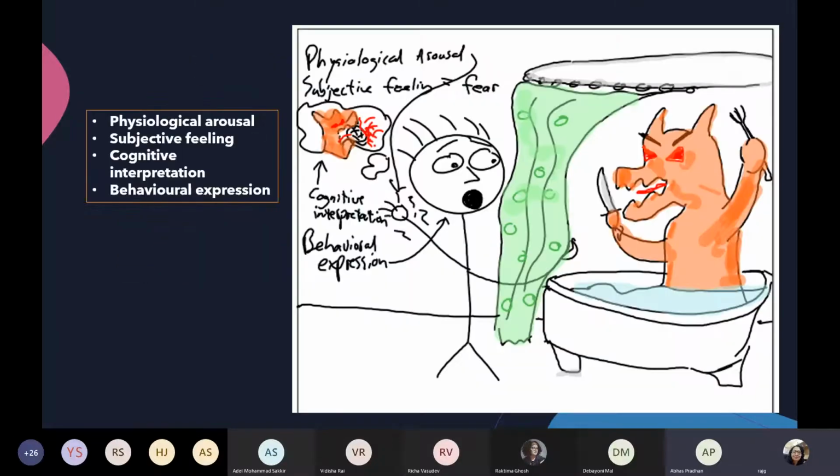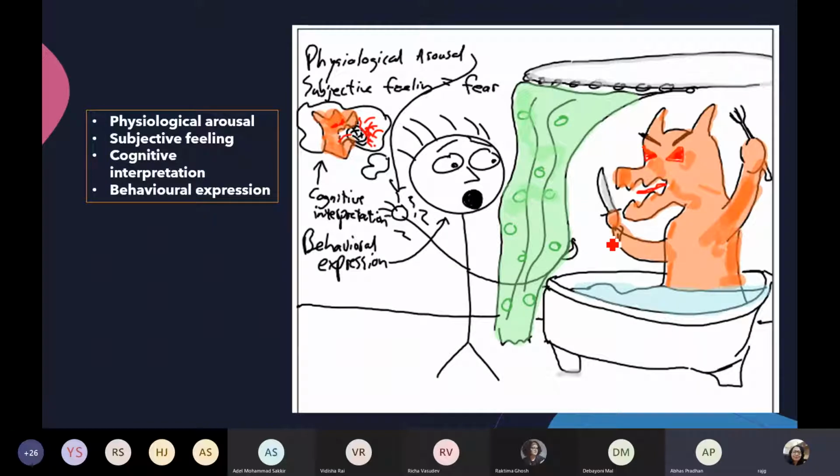So let's look at this cartoon. Very simply put, I'll try and explain the theories through this cartoon. Here is a person who removes the curtain in the bathroom, and he sees that there is a demon sitting in the bathtub with all kinds of harmful instruments with him.